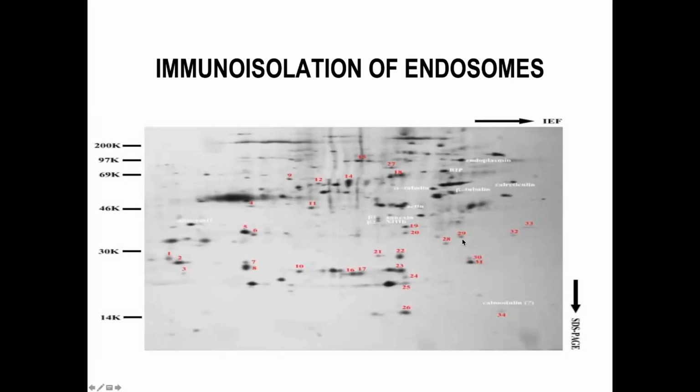But from just looking visually at the picture, you see this is really as pure as you can get. There are several thousands of proteins on this gel. When you zoom in with scanners, you can see all of them and you can identify them. But this is as close as you can come to the proteome of a single organelle.